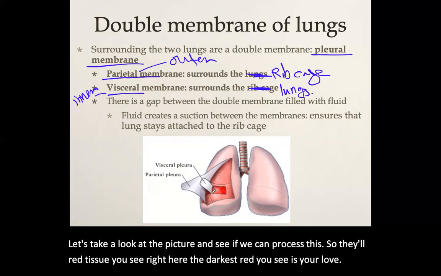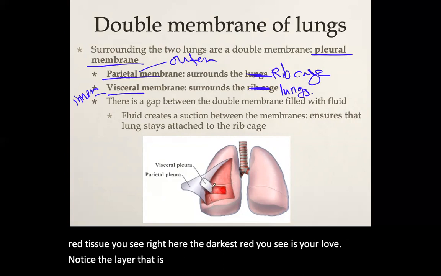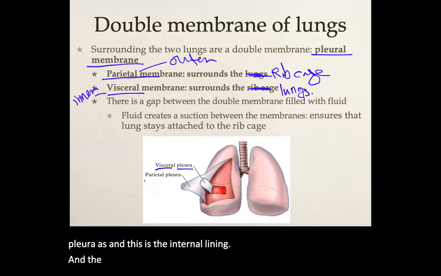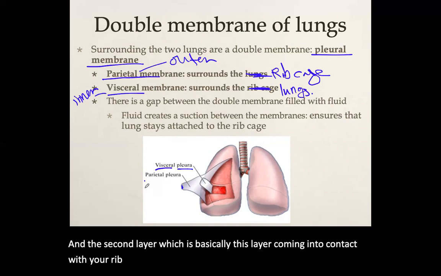Notice the layer that is directly peeling off your lung is known as visceral pleura, as in this is the internal lining. And the second layer, which is coming into contact with your rib cage, lining the inner aspect of your rib cage, is called the parietal pleura.